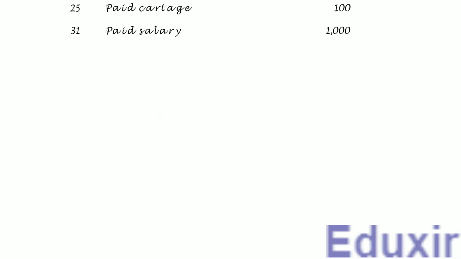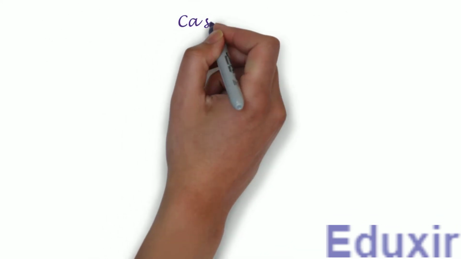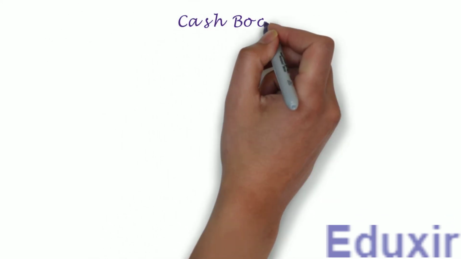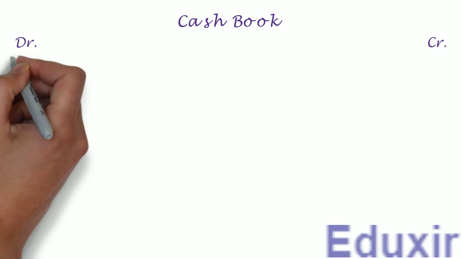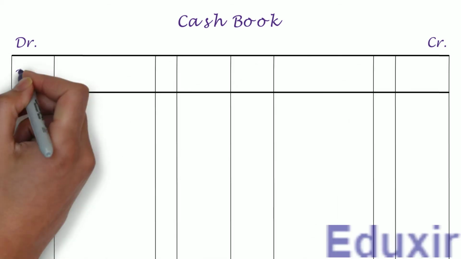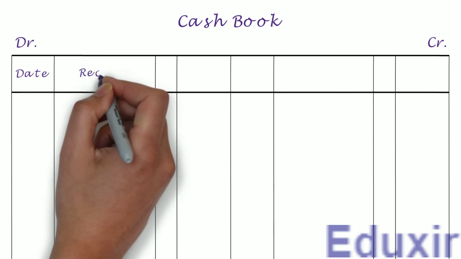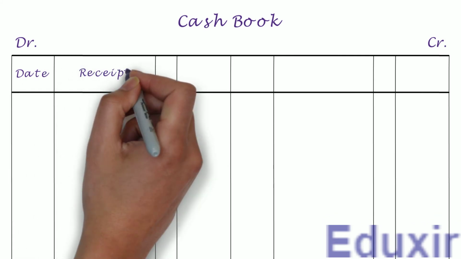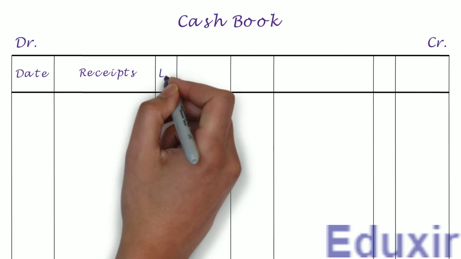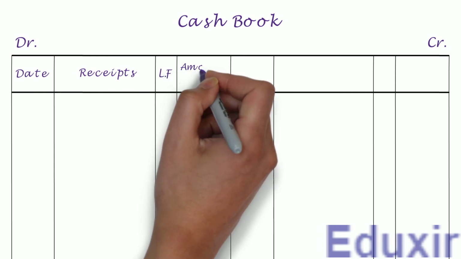Let us first record the title as cash book. Let us then write the headers DR and CR to designate the debit and credit sides respectively. Let us have the individual columns for date, receipts, ledger folio, amount in rupees.